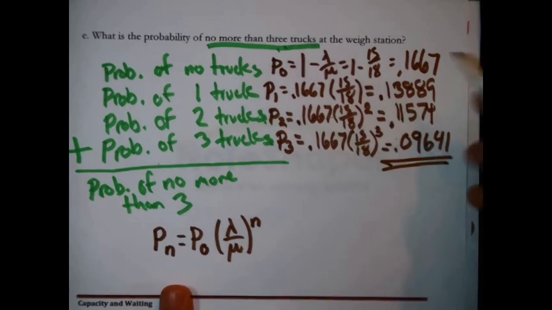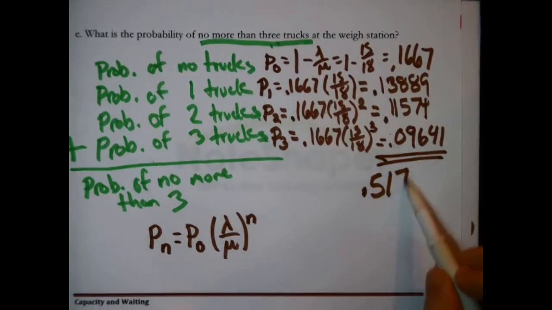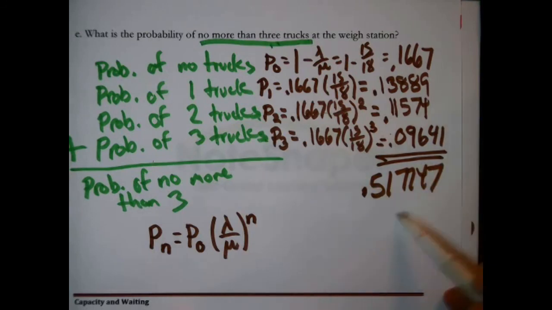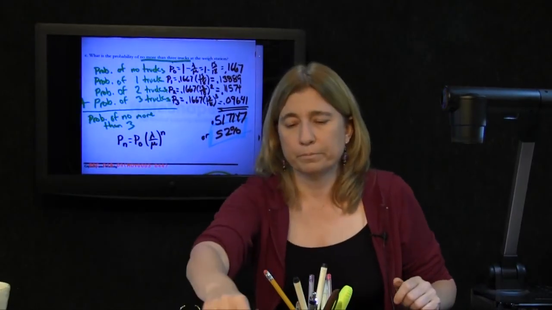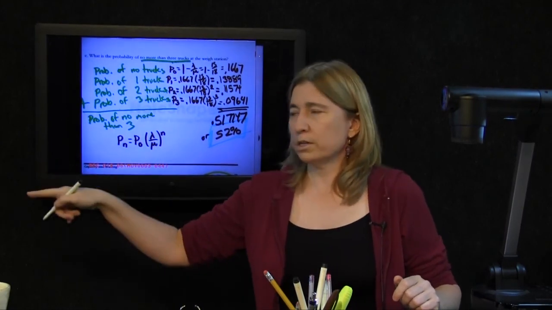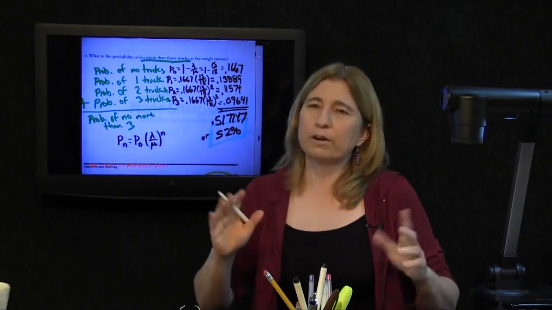If you add these up, pretty messy, 0.517747 is what I was seeing on my calculator, or basically, just talking about the odds, that's essentially 52%. So you glance over at the weigh station. What is the probability there's no more than 3 trucks there? It's about 52%.